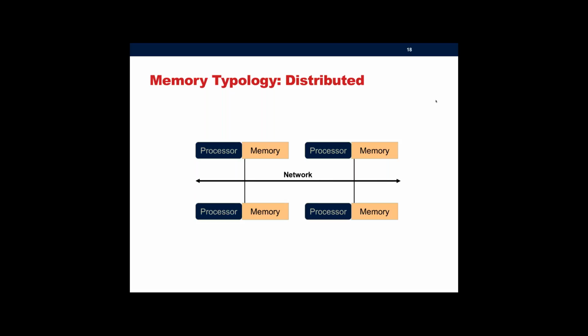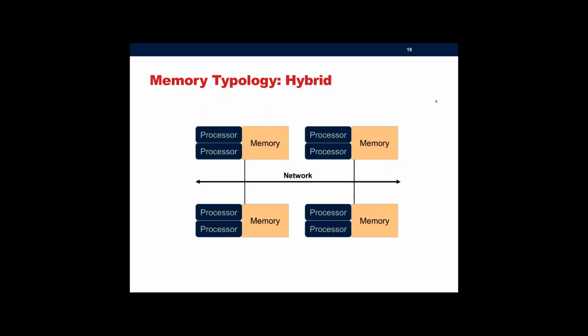Then we can go one step further. We can have processors connected through a network. This will be a gigabit network or much faster networks like InfiniBand. In that case, each processor has local, direct access to its memory, but if they need to do something together, they need to communicate over the network.